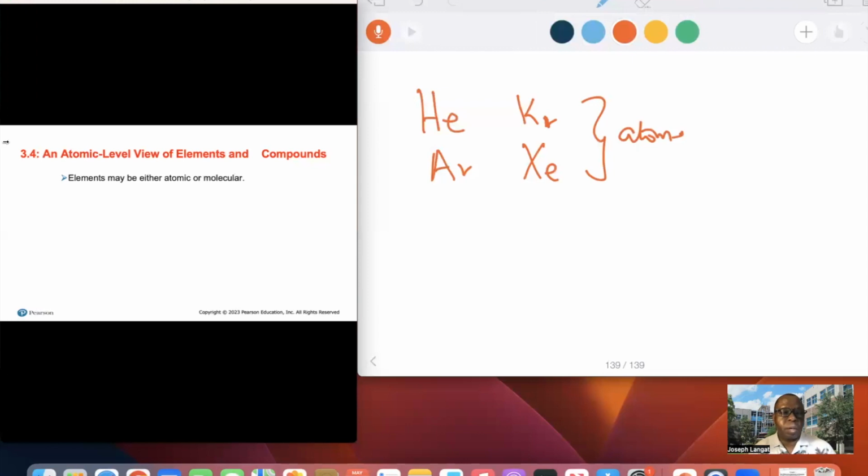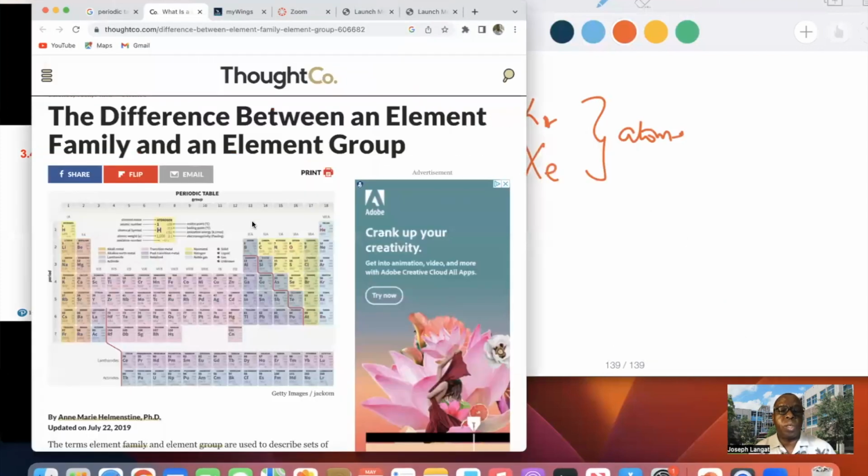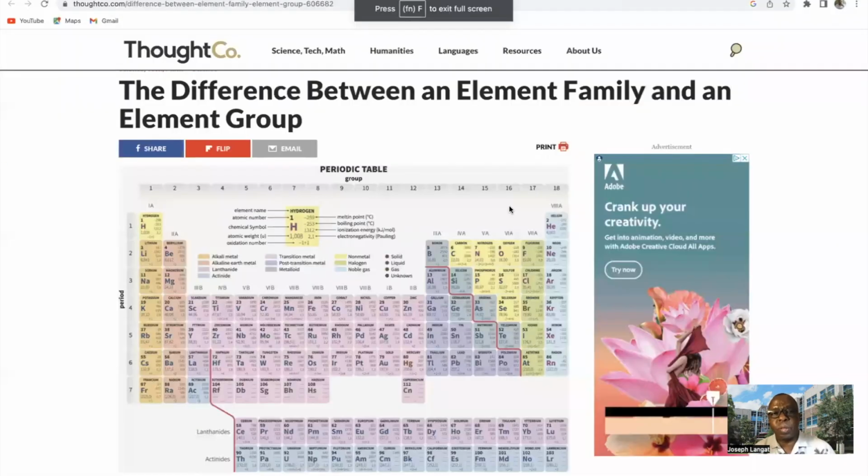Look at this on the periodic table, and I'll just show you what constitutes group 8 here, neon. These exist as elements on the periodic table: helium, neon, argon, krypton, xenon, and radon.